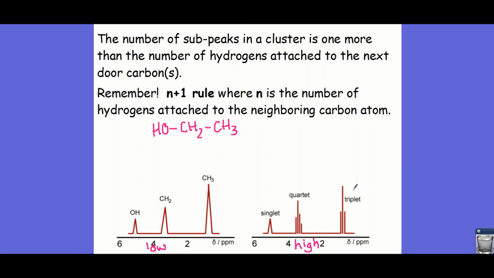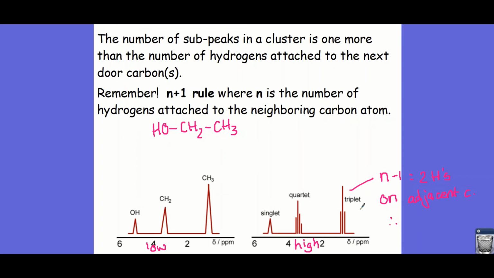If we deal with our triplet first of all, that triplet indicates that if we apply n minus 1, there are 2 hydrogen atoms on the adjacent carbon.